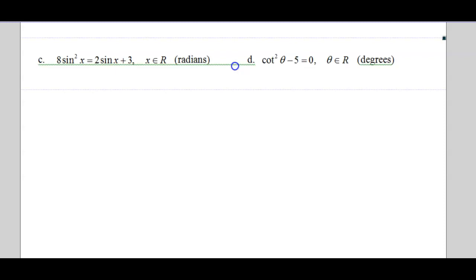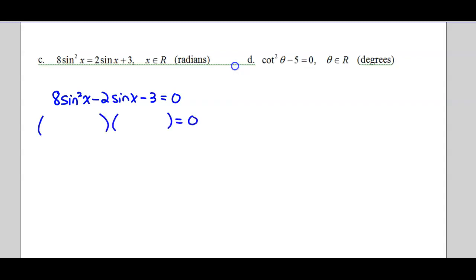Okay, so everything on one side and factor. Do not drop the equal 0. It's an equation. You need the equal sign.